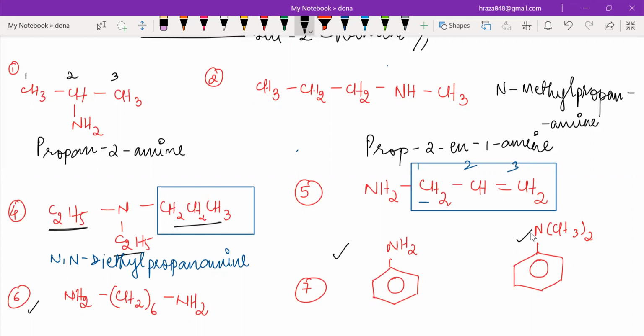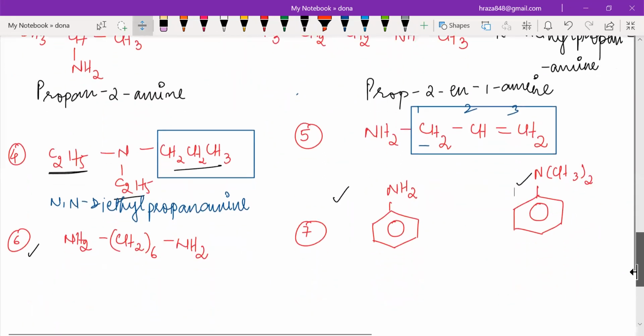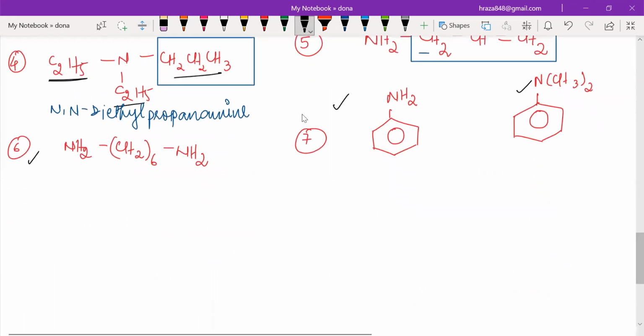So is it 1 comma 6 diamine? First, write the name of the number of carbons in the parent chain instead of writing amine directly. Hex. Dihexamine? Are you getting my point? Yes. Hex.